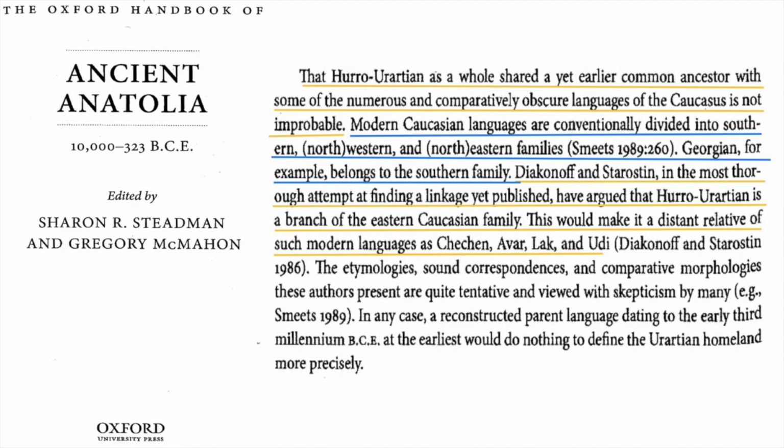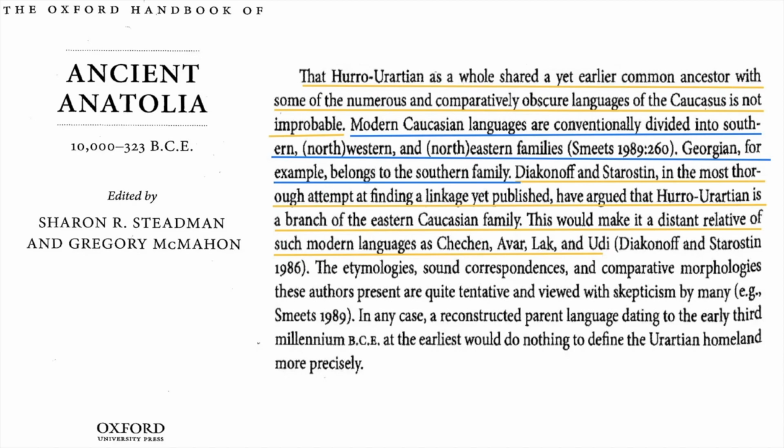Georgian, for example, belonged to the southern family. Diakonoff and Starostin, in the most thorough attempt at finding a linkage yet published, have argued that Hurrian is a branch of the Eastern Caucasian family. This would make it a distinct relative of such modern languages as Chechen, Avar, Lak, and Udi.